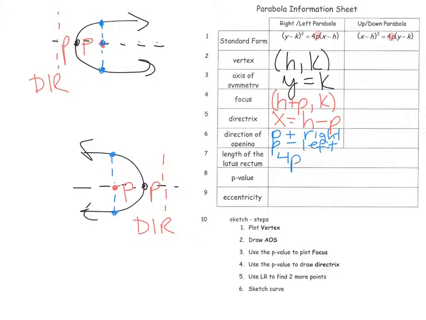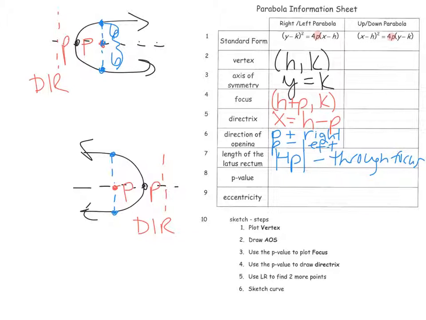That's the length. I guess I should say the absolute value of 4p. So that means that, let's say 4p was 12, this whole length would be 12, but because of the symmetry of a parabola, you would have 6 of it on this side and 6 of it on that side. So that's how you would gauge those points.